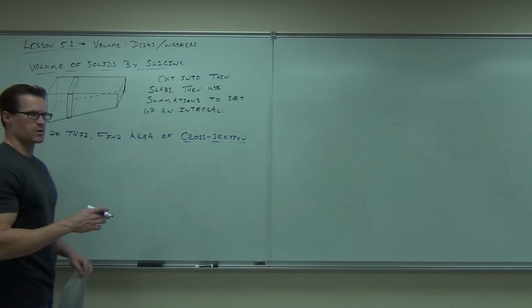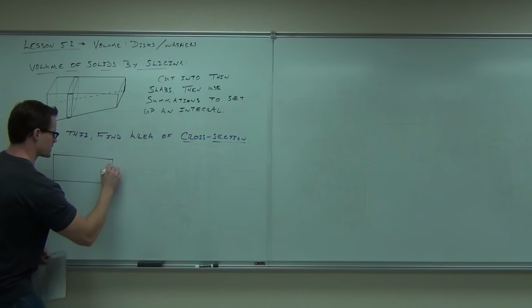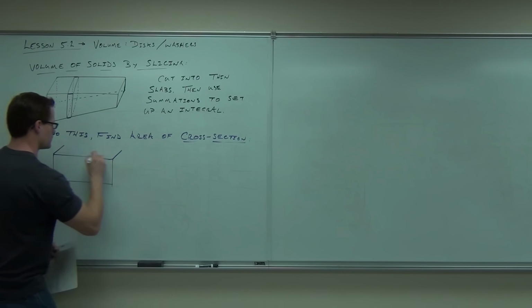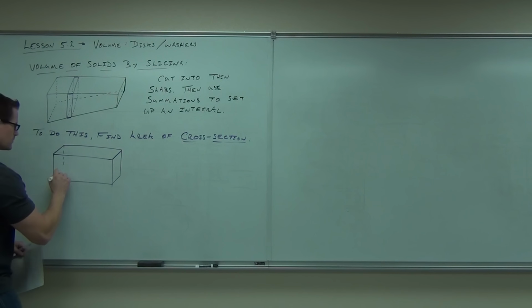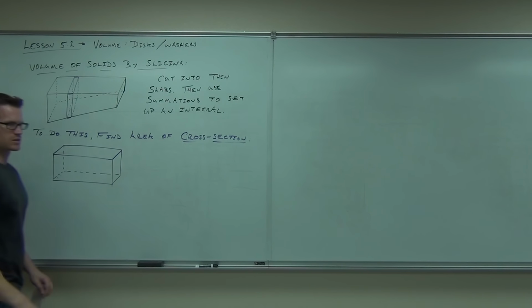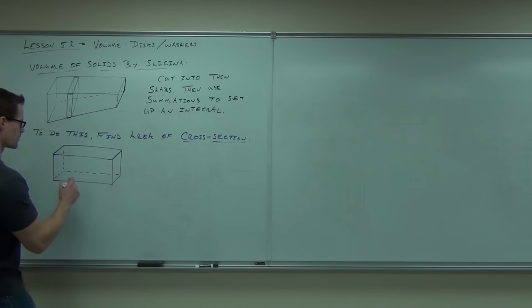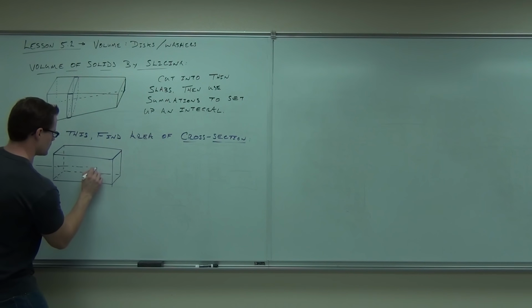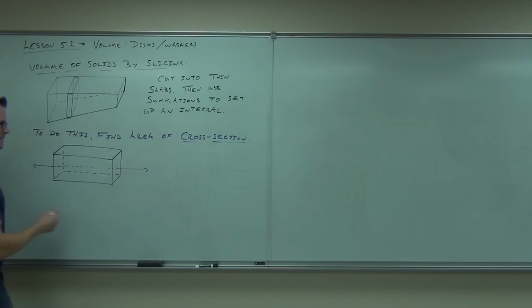Well, in general, we would do this. I'll try to break it down so you see where all this stuff's coming from. If we had just a basic rectangular prism, do you see the rectangular prism? Say it was going through some axis, like maybe the x-axis.